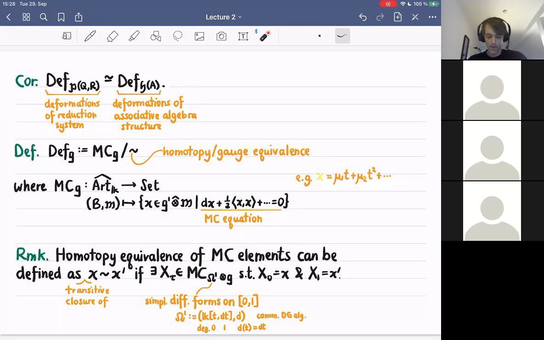And yes, the homotopy equivalence of Maurer-Cartan elements can be defined as follows. You tensor first with something like simplicial differential forms on the unit interval. This is a commutative DG algebra with one parameter, which I've called t.